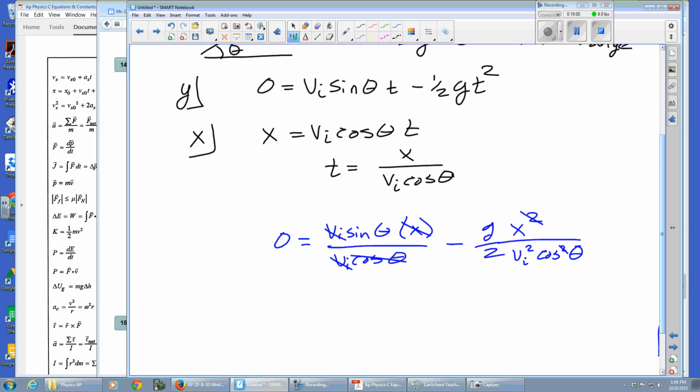So after all of that, I'm left with 0 equals sine theta minus gx over 2 vi squared cosine theta.